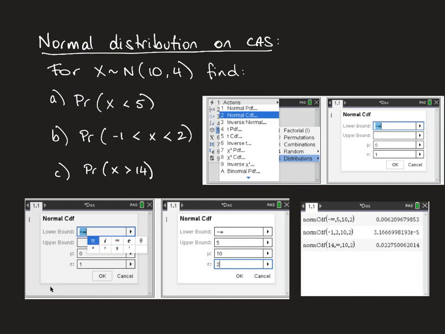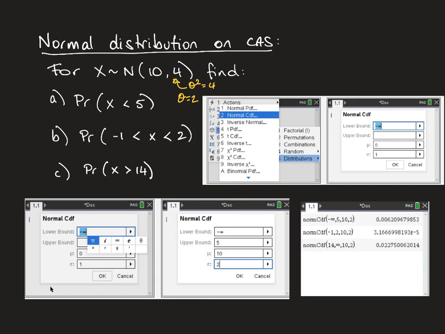So for this probability here, our lower bound is negative infinity and our upper bound is 5, and that's what I've got here. Our mean was 10 and our standard deviation, be really super careful because that is our variance again. So sigma squared is 4, so our standard deviation is 2. And then when you press OK, it pops out the answer here.